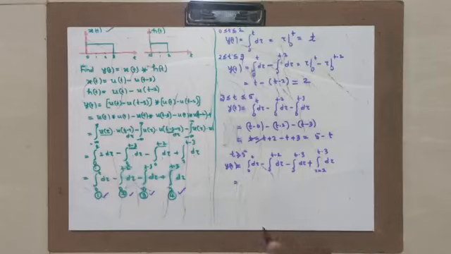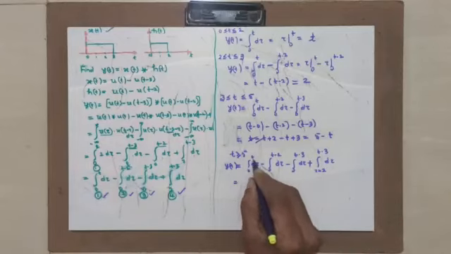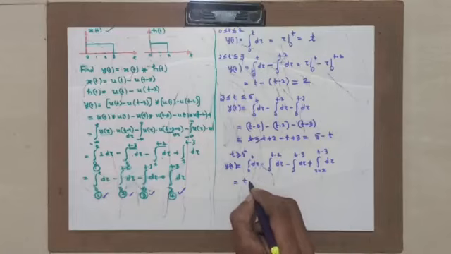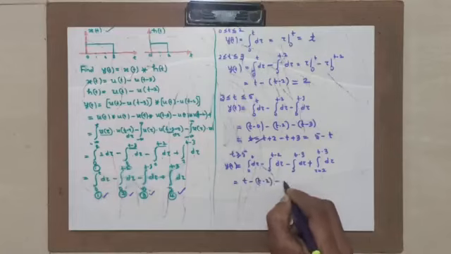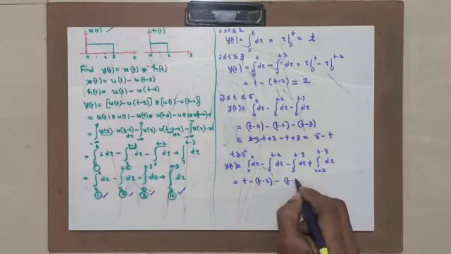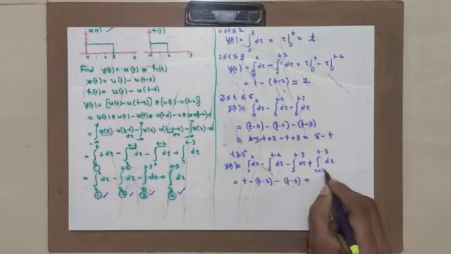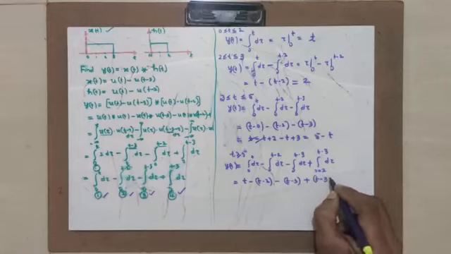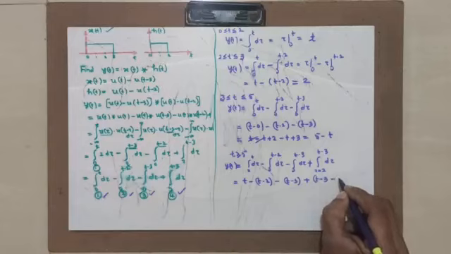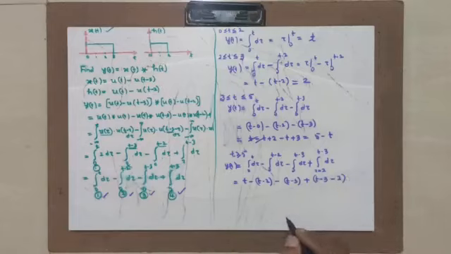Now let me put these integrations into action. D tau integration 0 to t gives you t, minus t minus 2, minus t minus 3, plus the last one, which is t minus 3 minus lower limit 2, that is t minus 5.